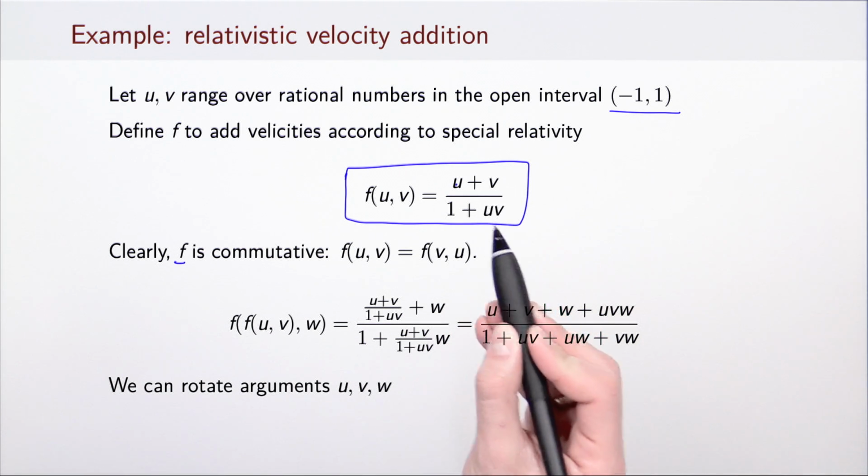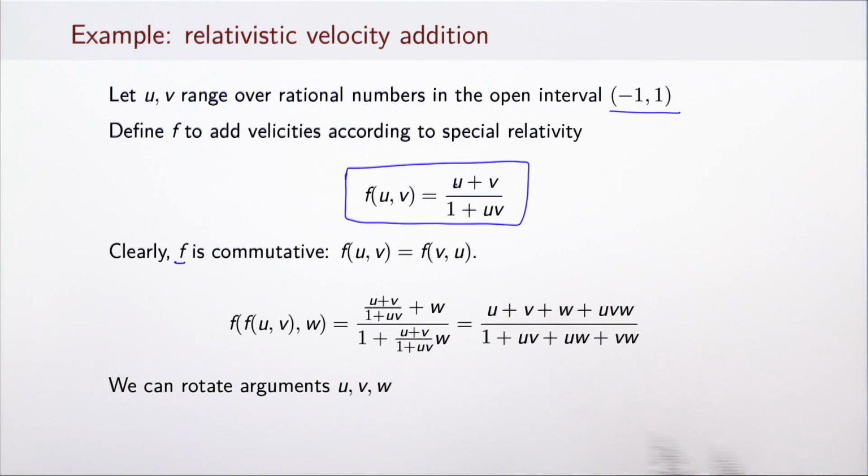Now it is easy to see that f defined in such way is commutative, because u and v play entirely symmetrical roles. Let us then compute the value of E with three arguments. So we have this nested application, then we combine it with w. After we bring everything to 1 plus uv, we obtain u plus v plus w plus uvw, and below 1 plus uv from here, and then u times w plus v times w.